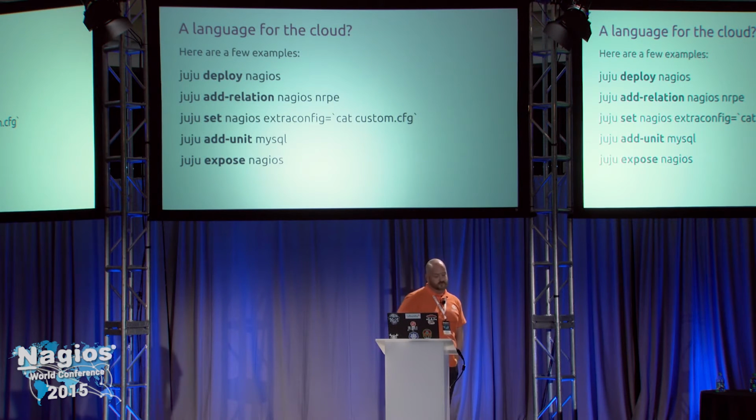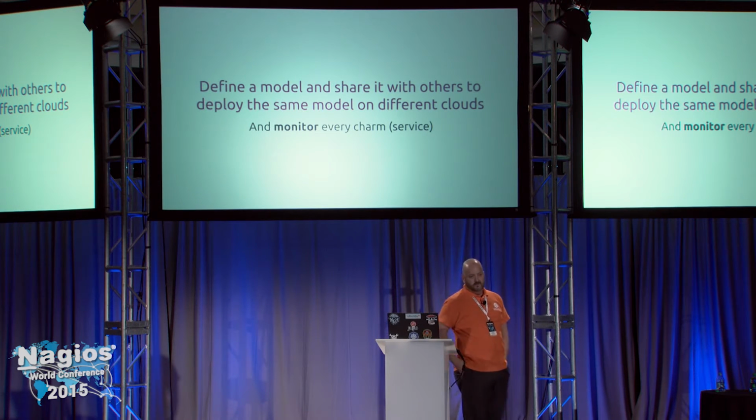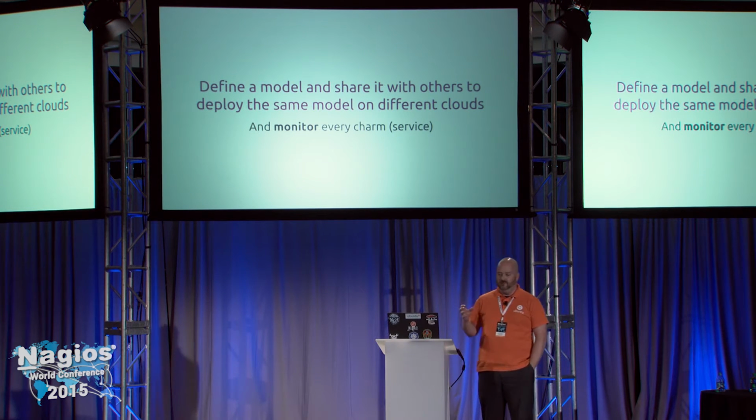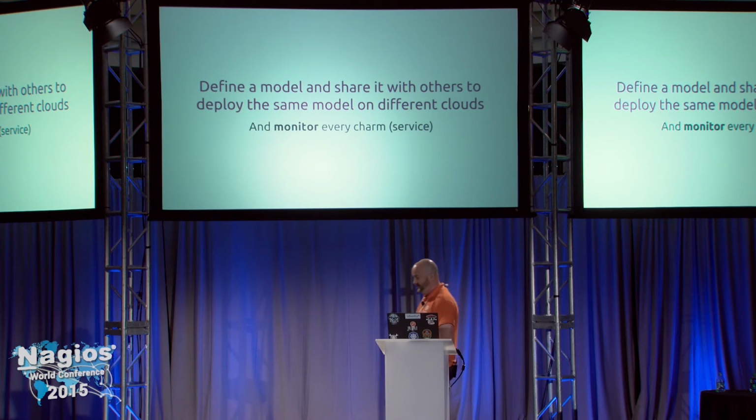And then Juju expose will turn off the firewall in public clouds for those instances. All right, so we're trying to define a model that you can share with others and then you could use on different clouds. That way we can monitor literally every service in every charm.